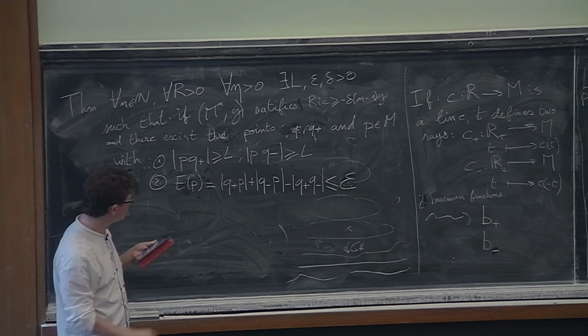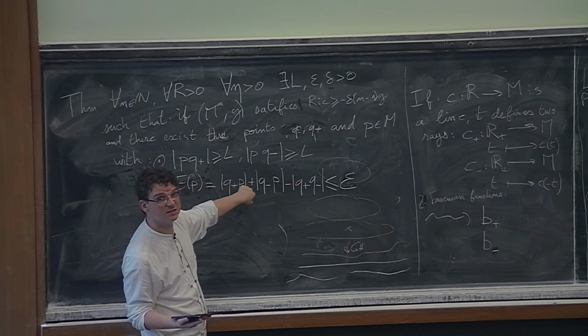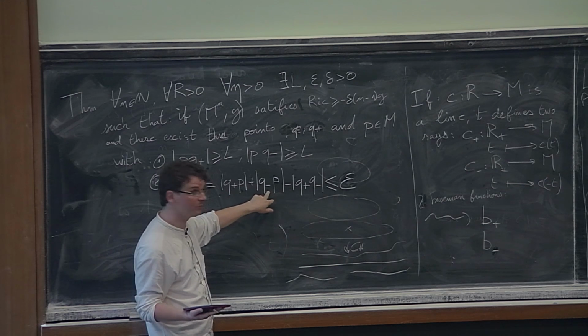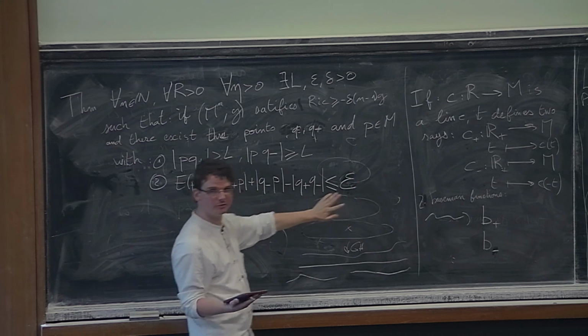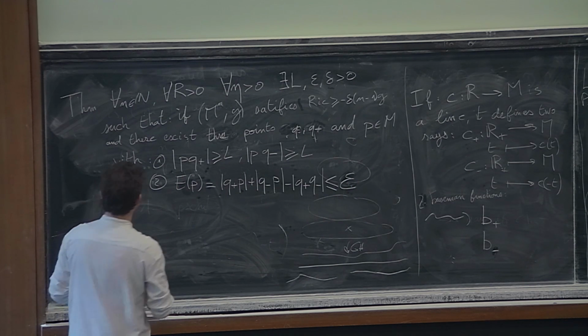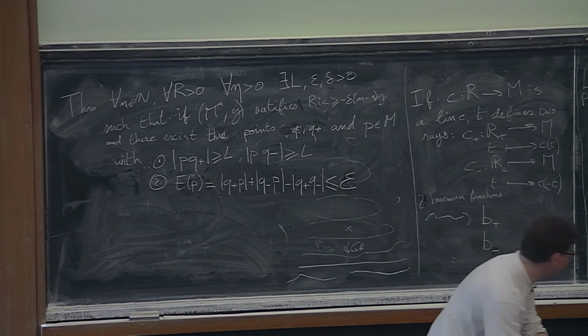For instance, if P is on a minimizing geodesic from Q plus to Q minus, in between, then this will be 0. So we will be in good shape. Okay, so these are the hypotheses.